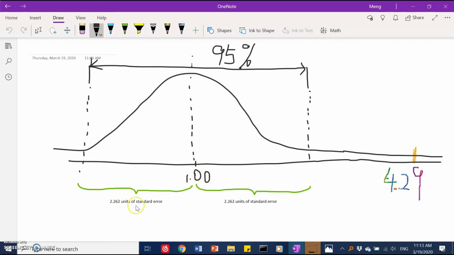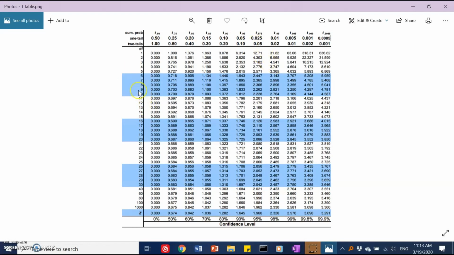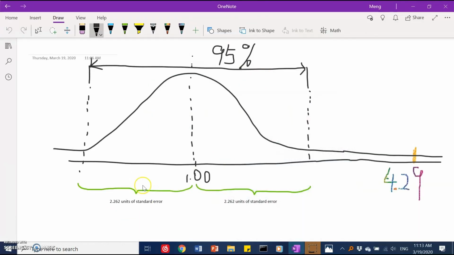We also checked the critical t-value given a sample size of 10, a significance level of 0.05, and a two-tailed test, so we have this critical t-value here, 2.262.